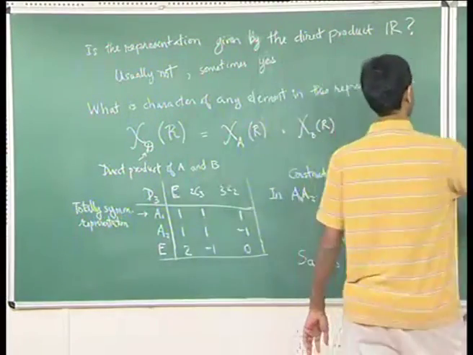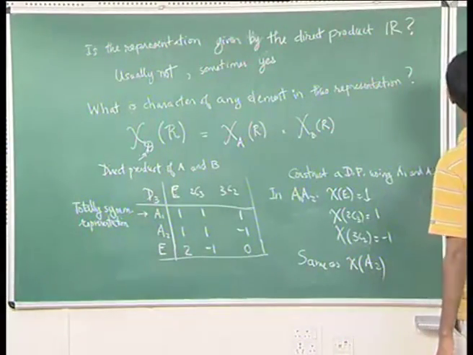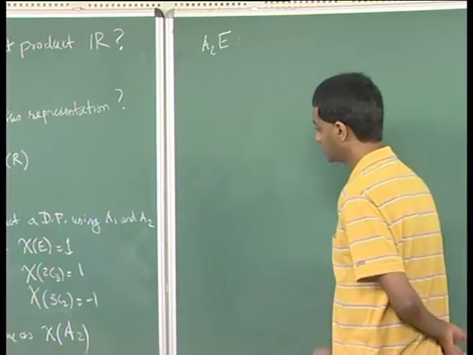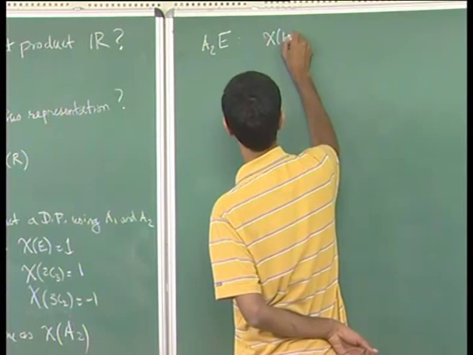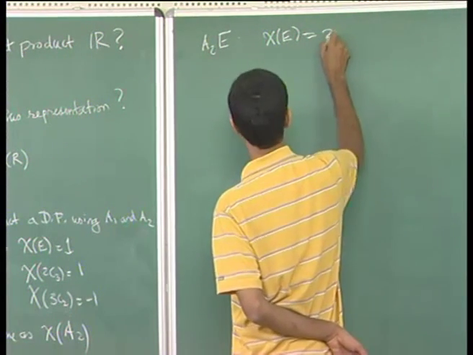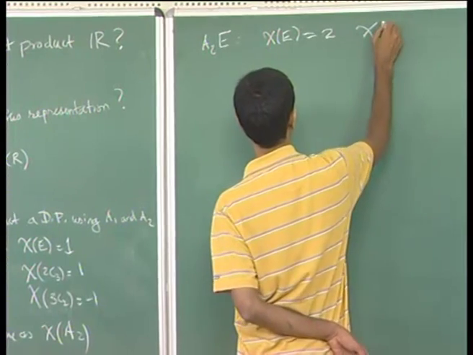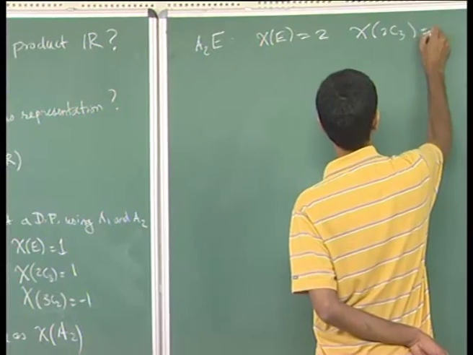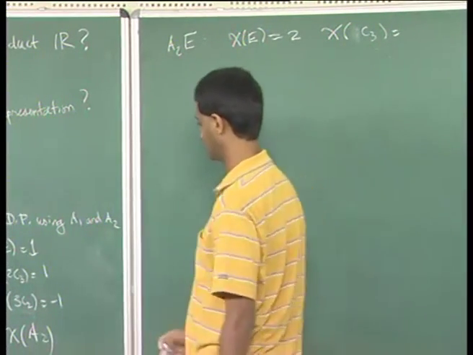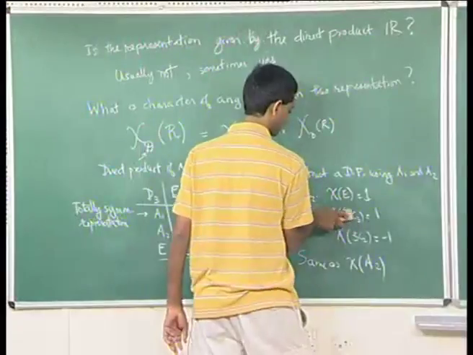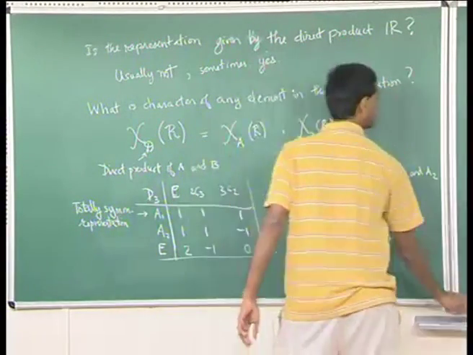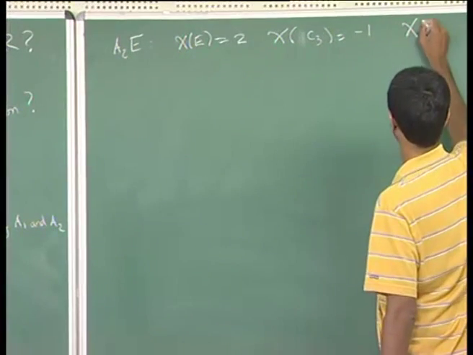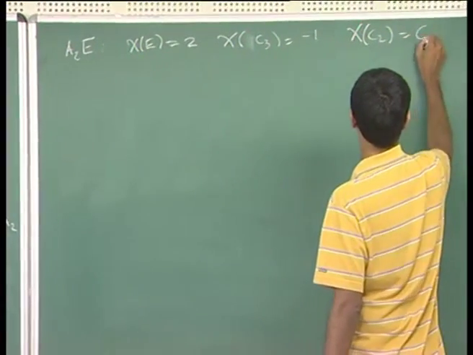Now, consider A2 times E. The character of identity is 2, the character of C3 is minus 1, the character of C2 is equal to 0.